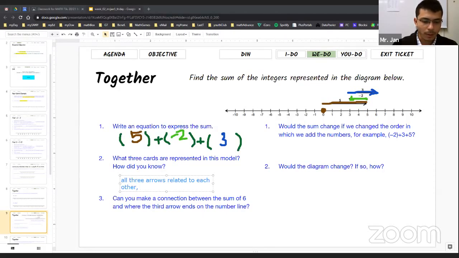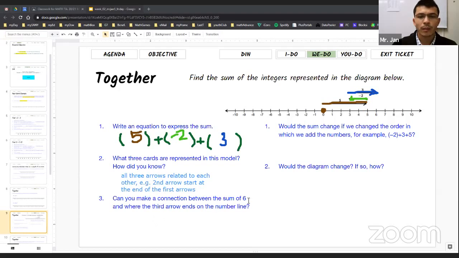For example, the second arrow starts at the end of the first arrow. And you can say that for the other one too, okay?